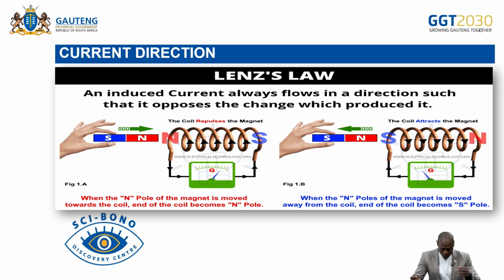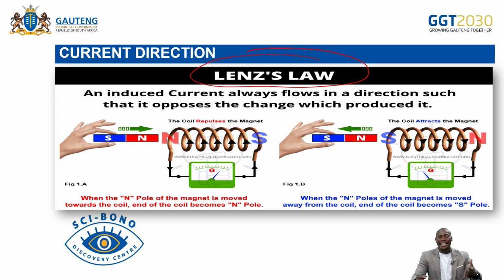Okay? Now, let's look at this. Although this is not part of our syllabus, we don't have to talk about Lenz's law, but actually here, it's Lenz's law that is going to explain what is going to happen. Okay? So what are they saying here? We want the direction of current when we push the magnet in and out of the coil.